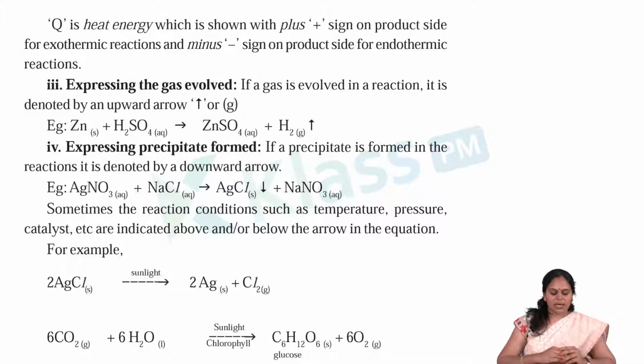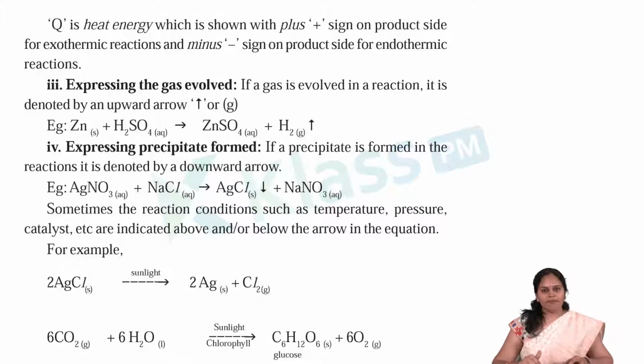Here we are representing in brackets Zn in the solid form and H2SO4 is a liquid, it is a solution. Solution we represent with aqueous in word format or in short form AQ in the brackets. ZnSO4 is also a solution, so we give it as AQ. And H2 is released, hydrogen gas is released, so we present its state within the brackets, and in the same way the up arrow can also be present.